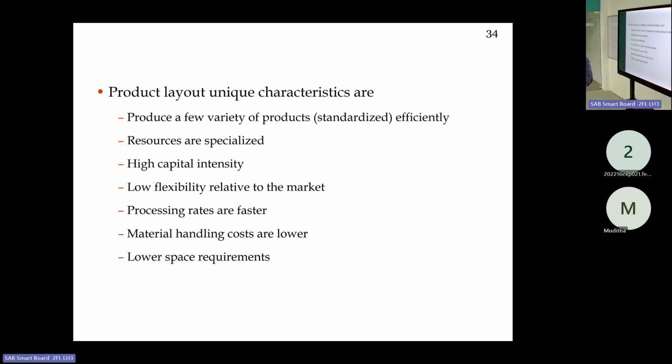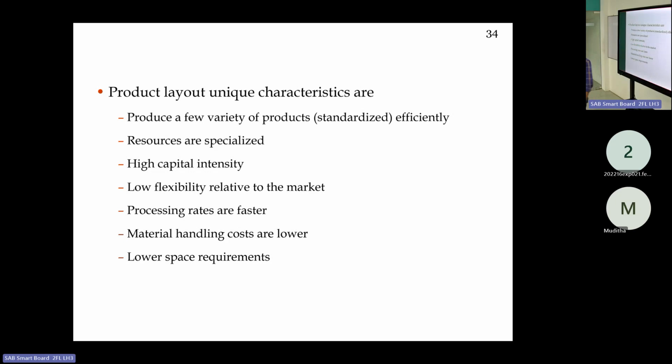Processing rates are fast, of course, and material handling costs are lower due to various reasons, especially workstations are located close by and next to each other. Every product will go through the same route, so there is no need of transporting the work in progress from one department to another.